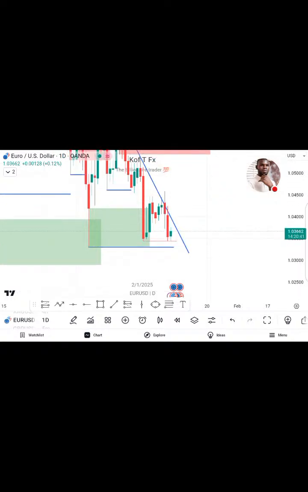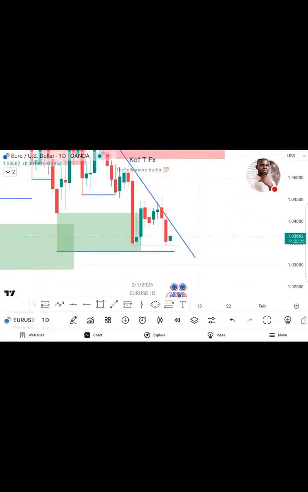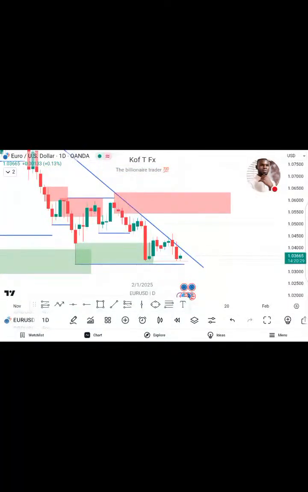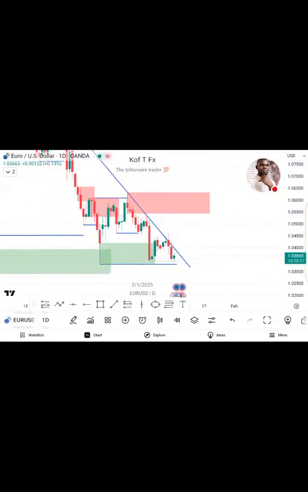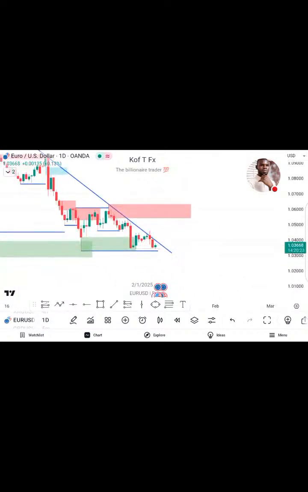We have this double bottom, and double bottom usually signals a reversal, and we have this daily time frame trend line. So if there should be a break of this daily time frame trend line as a result of this double bottom, mind you, price is currently in the demand zone.